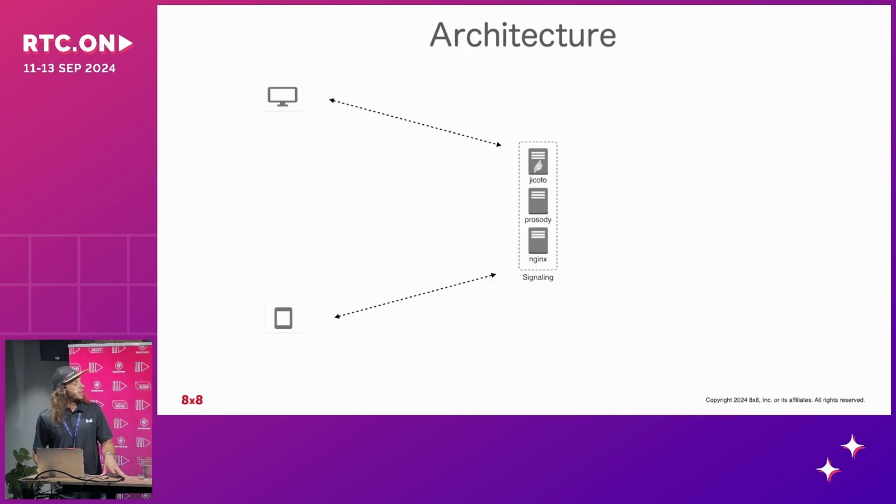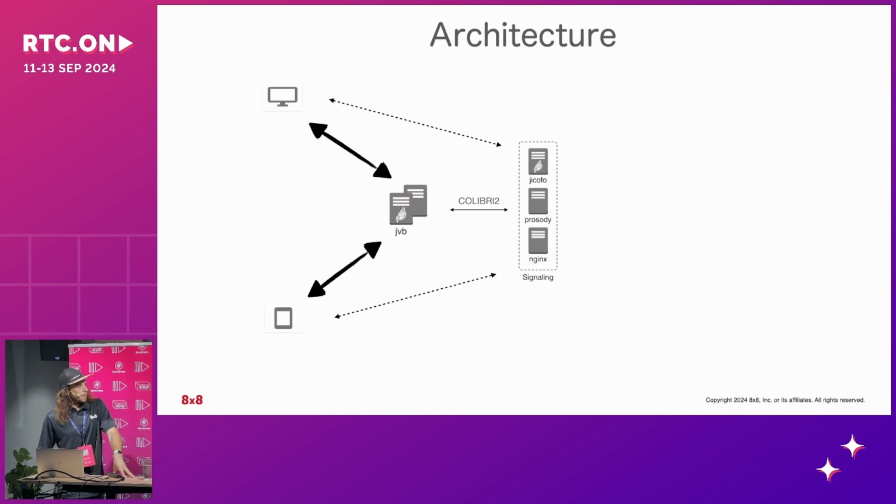A little bit about the architecture. When 2 endpoints want to join a conference, they go and talk to a signaling server, and that's separate from the SFU. That signaling server chooses an SFU for them, and they establish WebRTC sessions with it. The job of the SFU is just to route packets, not do heavy signaling.